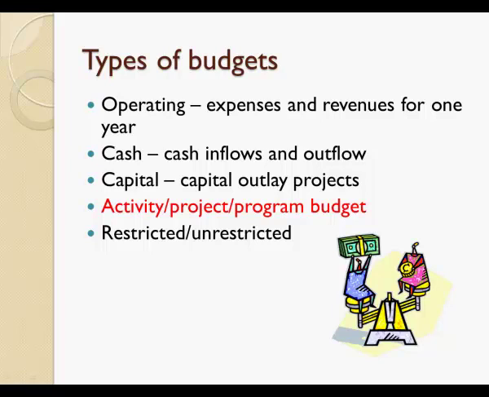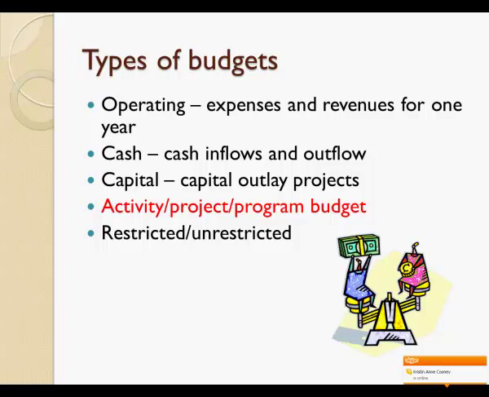A capital budget refers to the acquisition and disposition of property, buildings, large equipment, and vehicles. An activity, project, or program budget, which is what you're going to be doing for your proposal, refers to the budget for a particular set of activities in a project or a program.